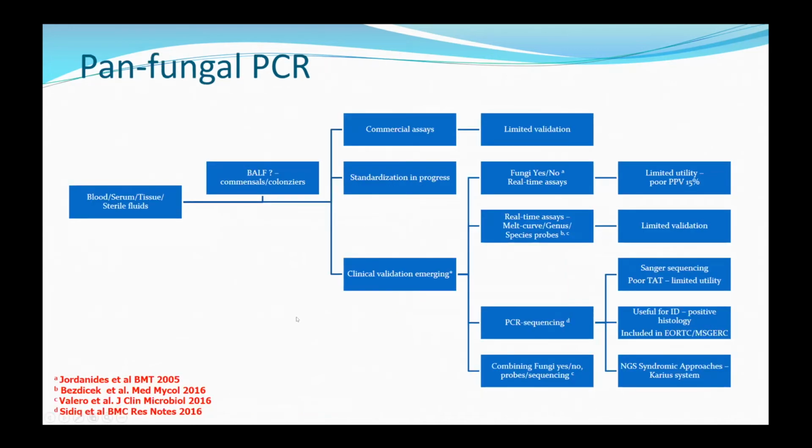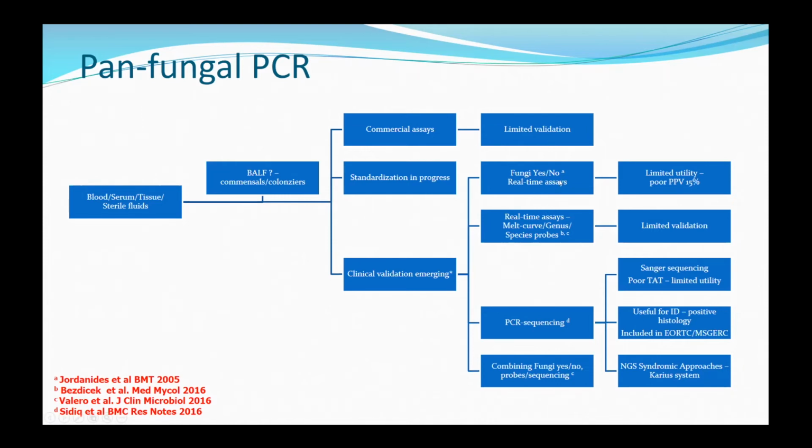Finally, looking at pan-fungal PCRs, again, they can be applied to blood, serum, or tissue, or sterile fluids. I've put BAL fluid here with a question mark alongside it because of the presence of commensals or colonizers. If you apply pan-fungal PCR to such a specimen, you're going to get a positive result, but what does it actually mean? That also goes into the situation of a pan-fungal PCR that gives you a yes, no answer.